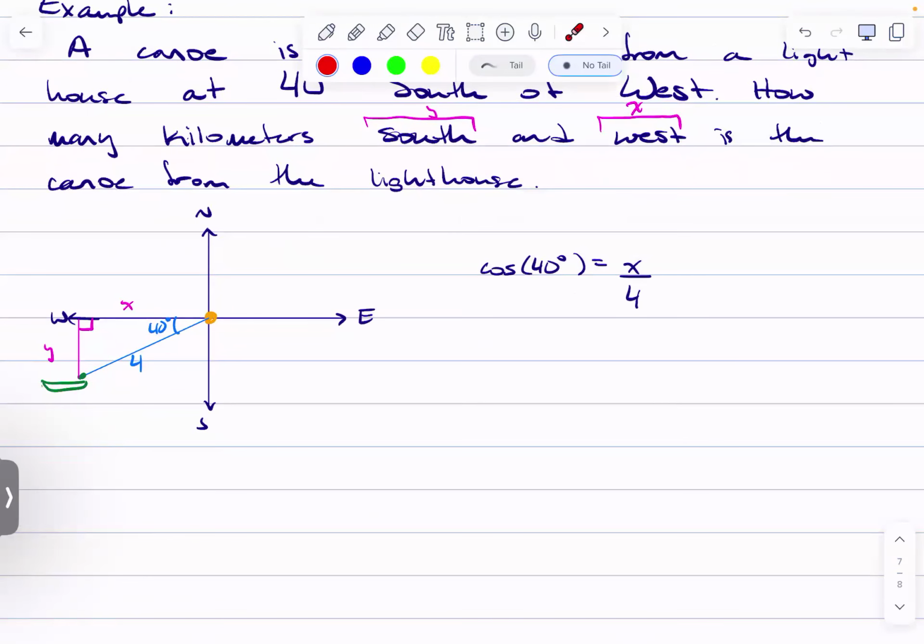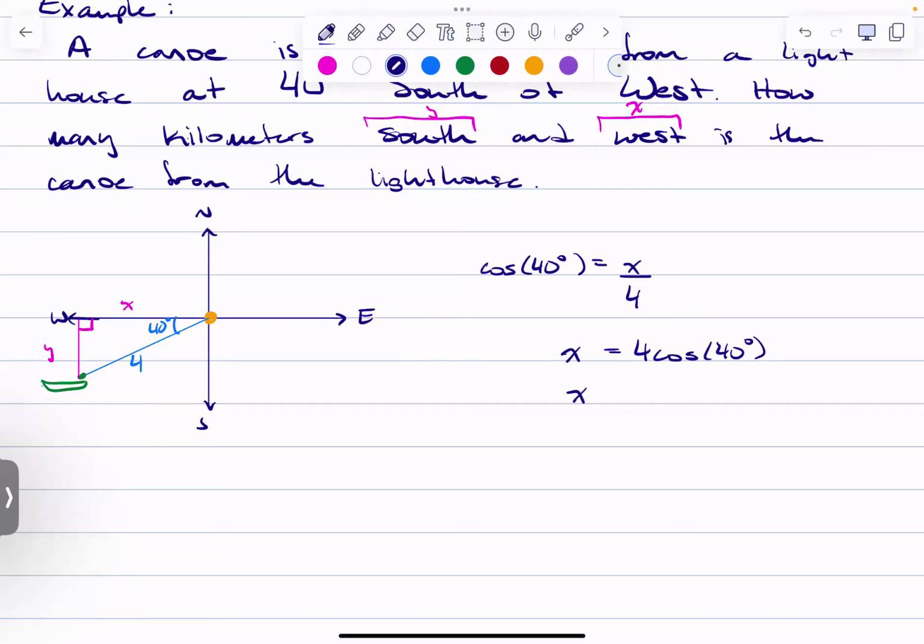So now I have x is going to be 4 times the cosine of 40. Cosine, oops, not inverse cosine. Cosine of 40 times 4. I get x is 3.0642, rounding a little bit.